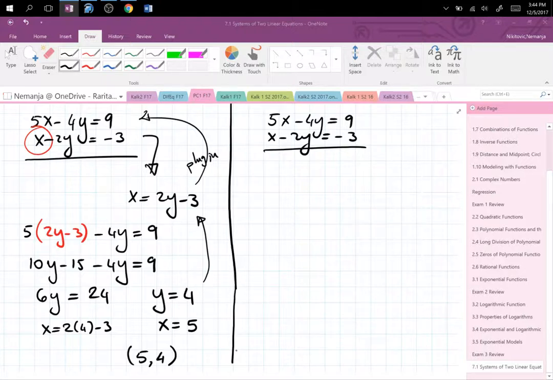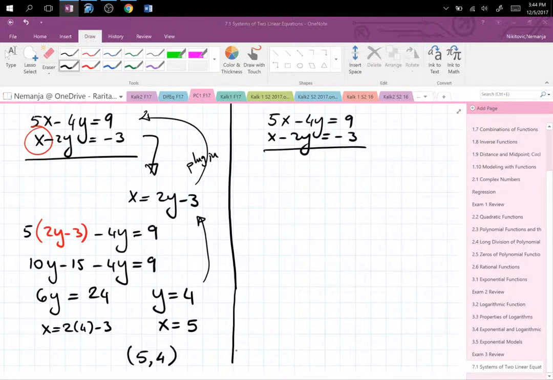The elimination method is going to ask you to make coefficients of either pair of variables additive inverses, which means same number, opposite sign. So when you add them, they annihilate each other. That's 5x. I can multiply the bottom equation by negative 5, and then I will have 5x, negative 5x.